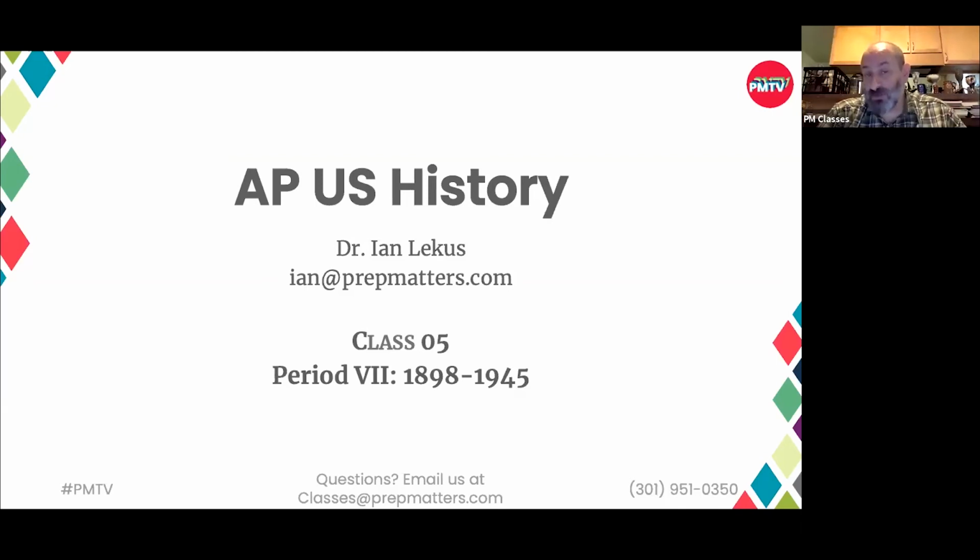Pioneering pilot Charles Lindbergh was one of the most well-known representatives of the America First Committee. But war is brewing in both the Pacific and Europe. In the Pacific, Japan invades Manchuria, northern China in 1931, and then invades the heart of China in 1937. So the Pacific War is well underway, long before the Germans invade Poland.